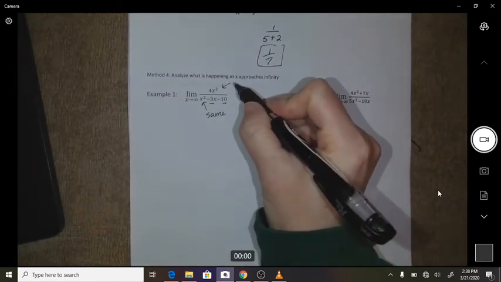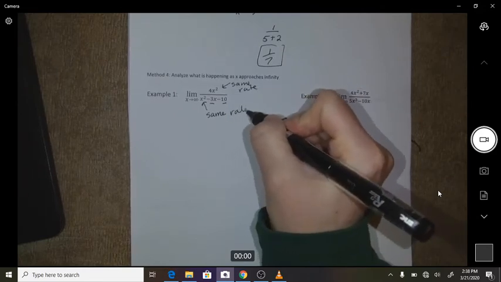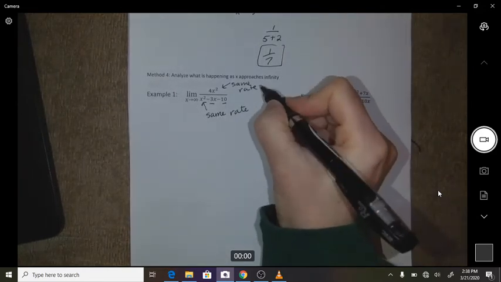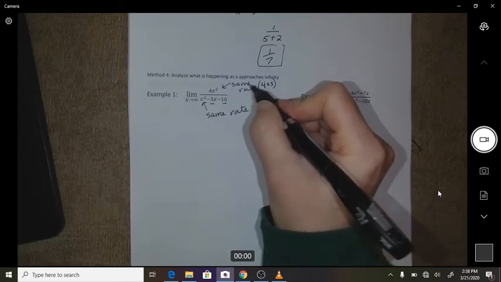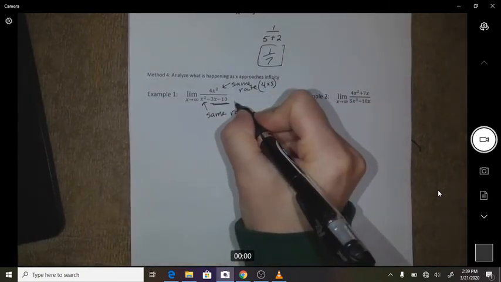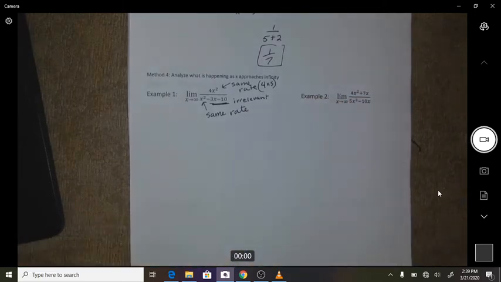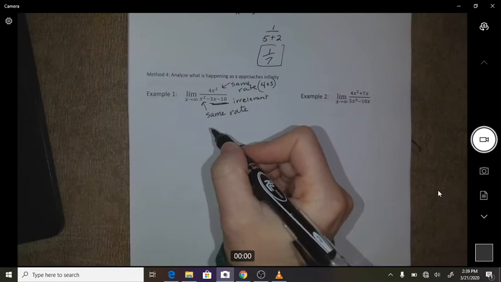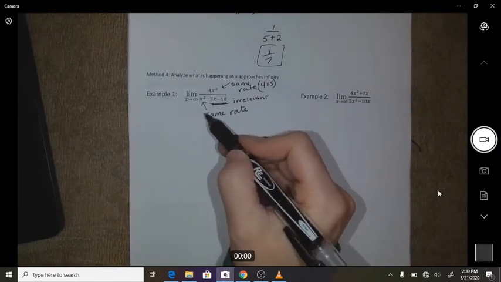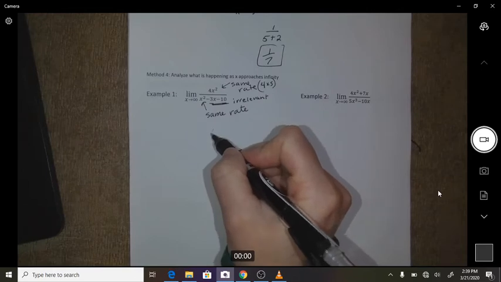These are going to go up at the same rate because they're both squared, but this one is 4 times bigger than that one, and these other terms are irrelevant. So we can conclude that this is going to approach 4.